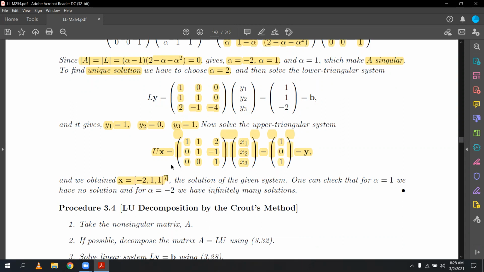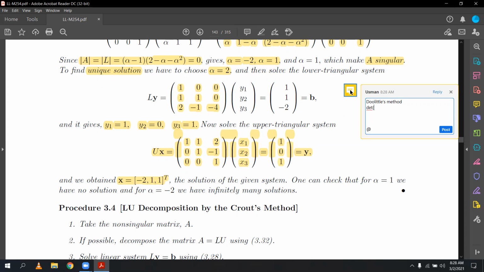This is what we call LU decomposition by the Cross method. Please remember that. We did the Cross method by two ways, by the Doolittle way. They have the same procedure, only the elements of L and U are changed. In the Doolittle method, you remember what the determinant of A is?